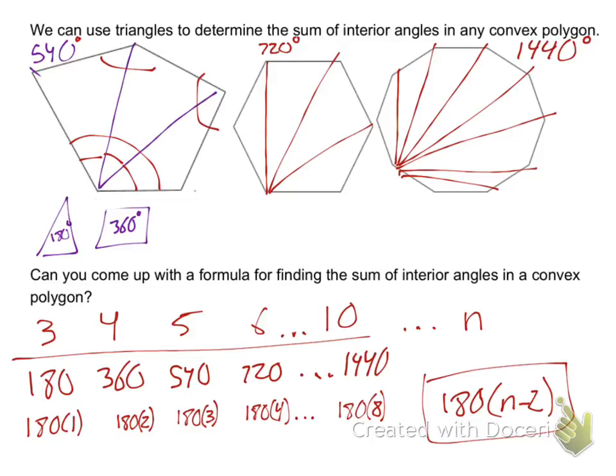If I wanted to know the sum of the interior angles of an 8-sided convex polygon, it'd be 8 minus 2, which is 6, and 6 times 180 is, using your calculator, 1080.